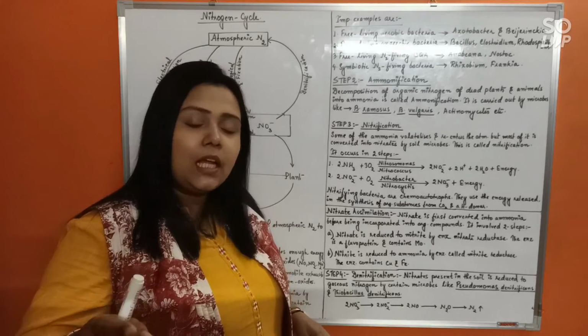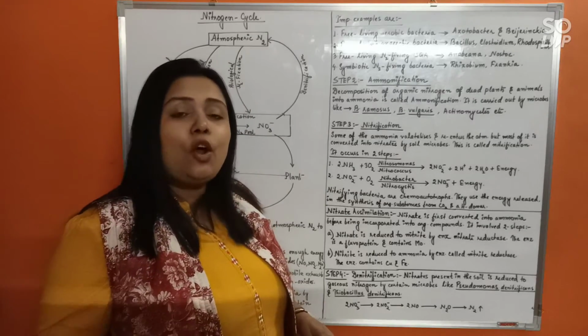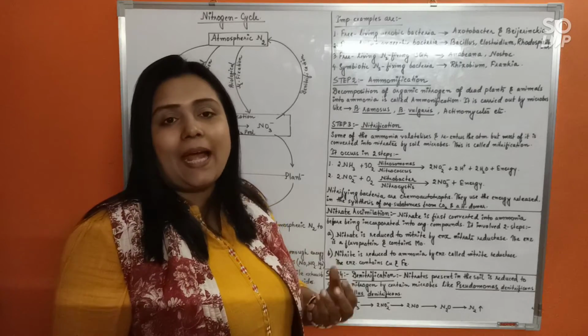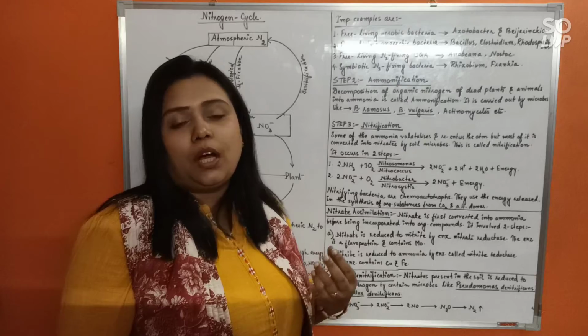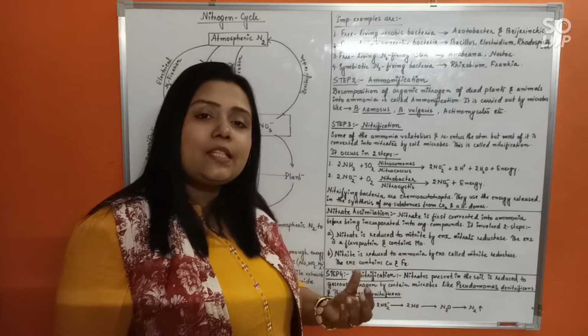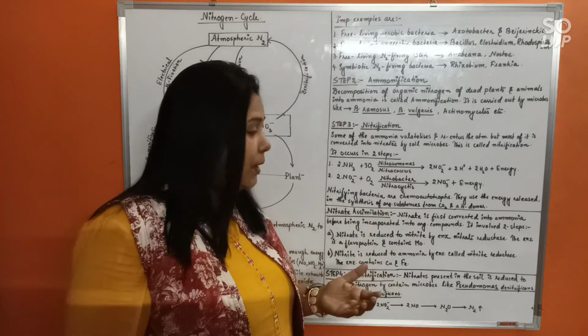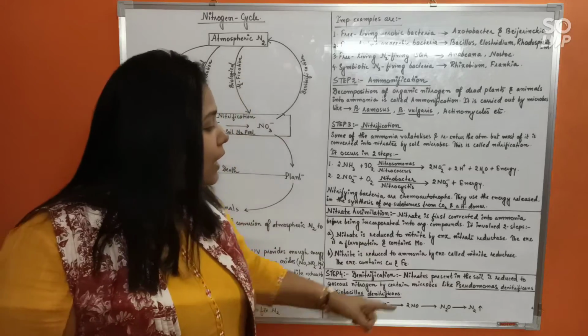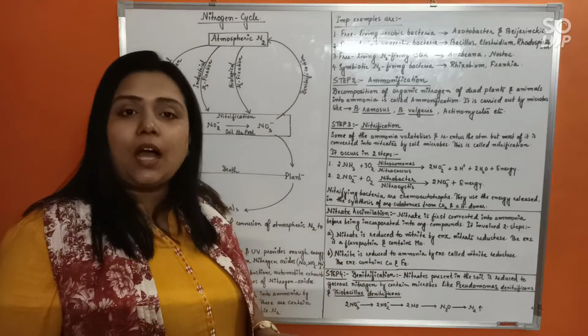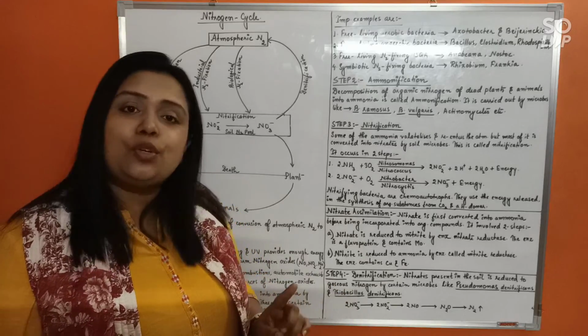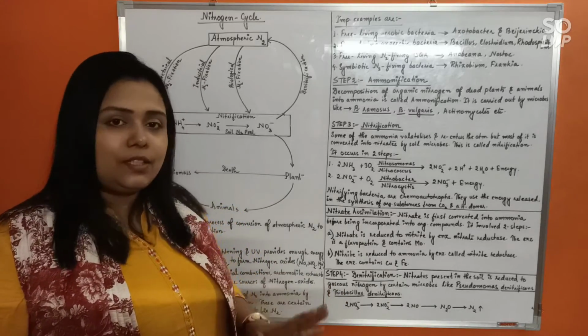In the leaves, there is ferredoxin. Ferredoxin will act as an electron donor. As it donates the electrons, it helps in the reduction of nitrite into ammonia. So the second step will occur in the leaves of the plant. Do remember that. Okay, understood?